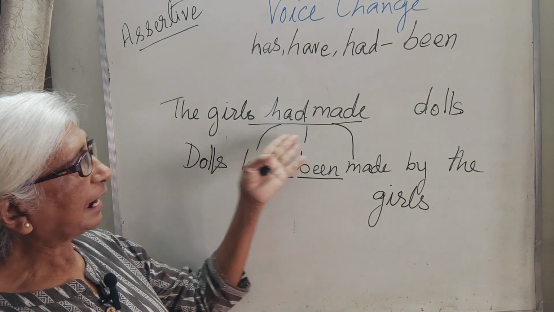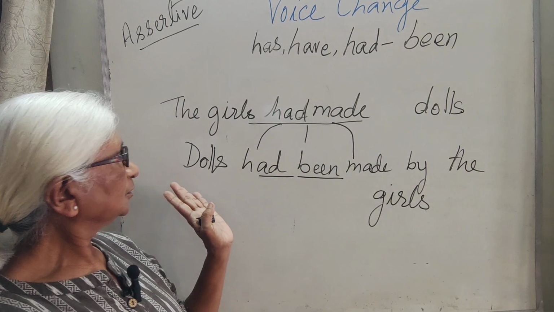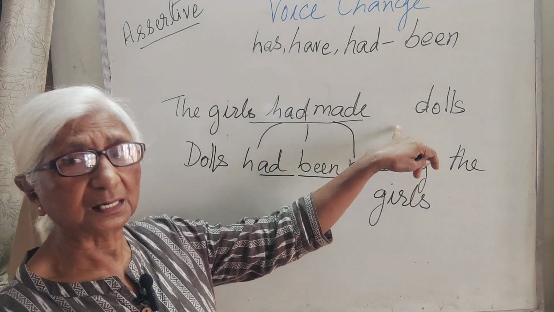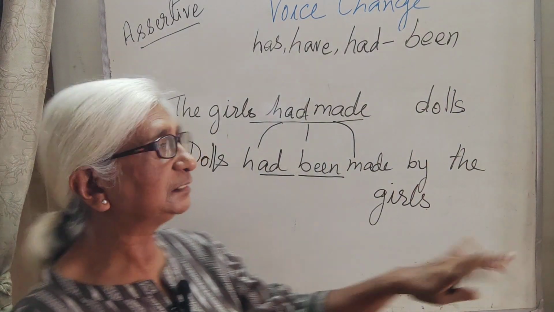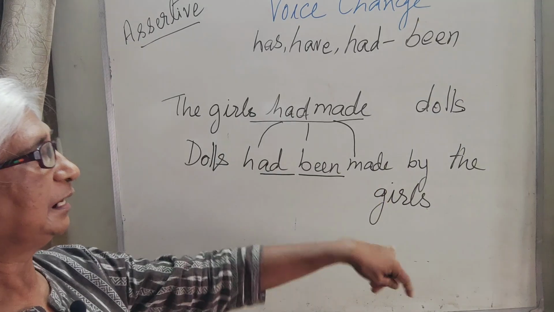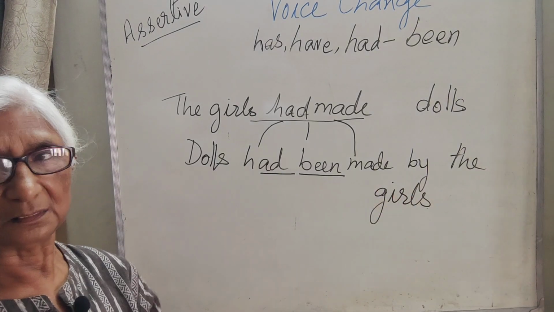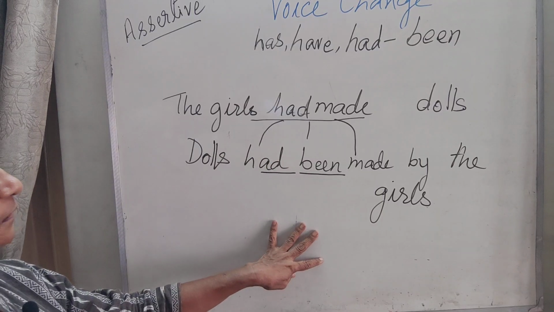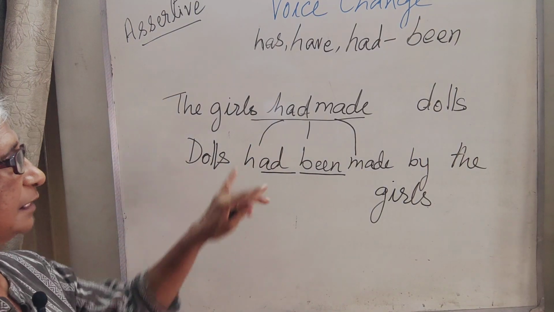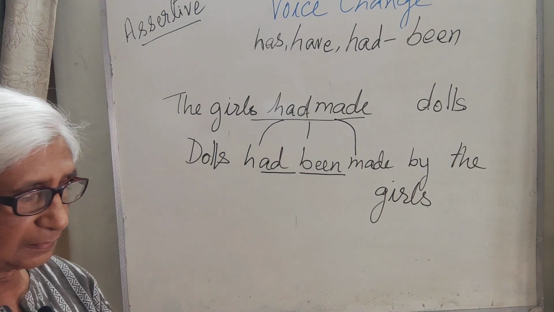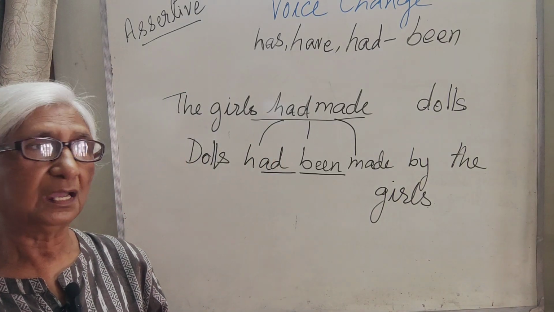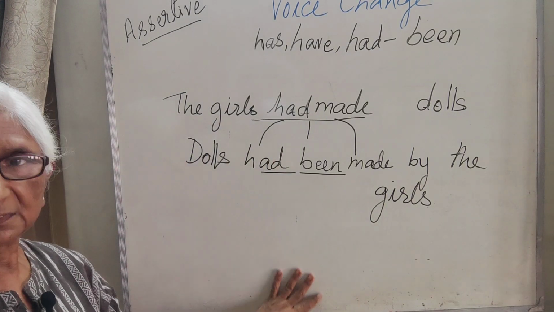So the girls had made dolls. Dolls had been made by the girls. If it was a doll, then also it would have been the same. A doll had been made by the girls or girl. Okay, so it's the same thing in past perfect tense. There's no change except the had one, and it's very easy since you already know much of voice change, so you can do it very easily.